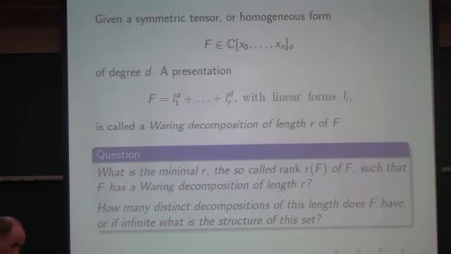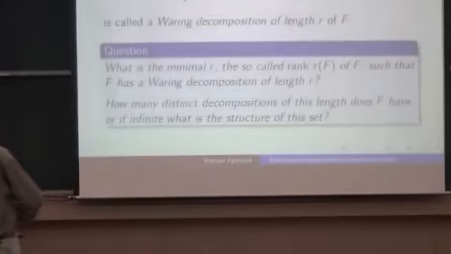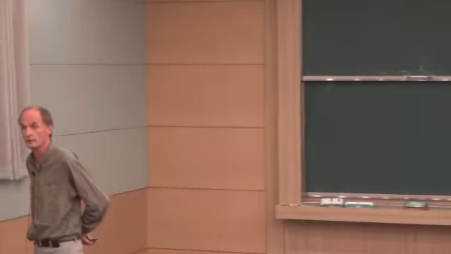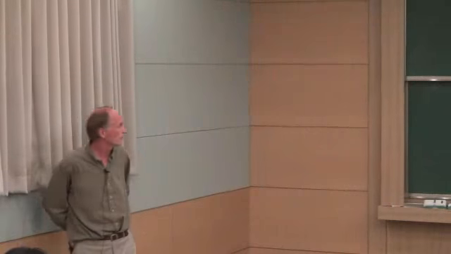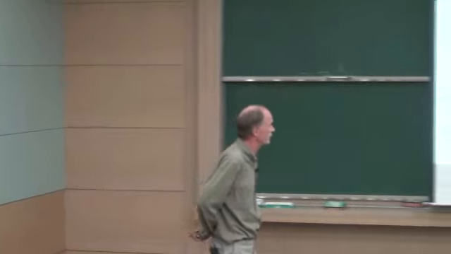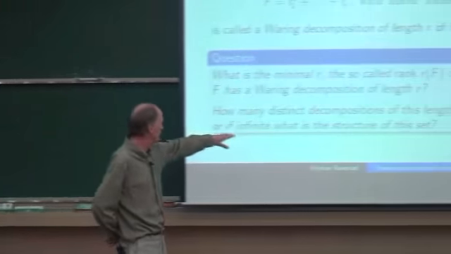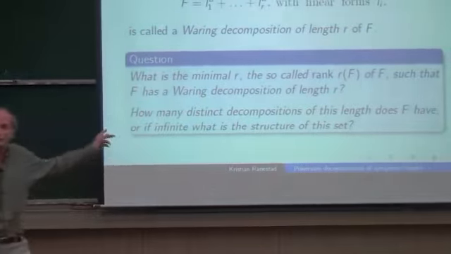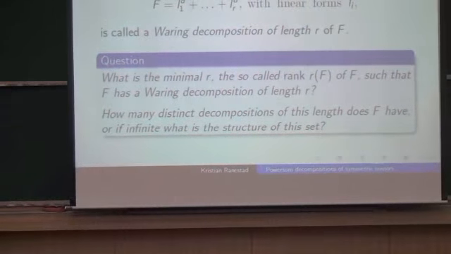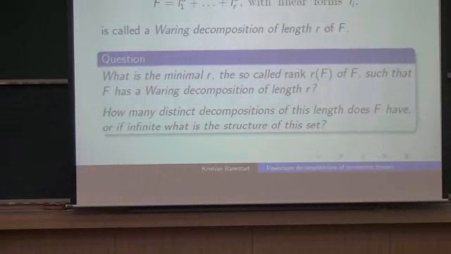And that is possible in some cases, and most of those cases were sorted out in that century. More recently, it's the structure, how many, and if it's infinitely many, the structure of the set that has been the focus.